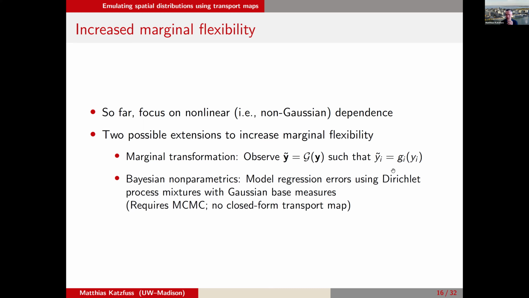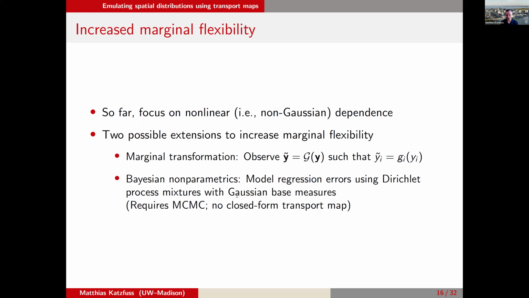Specifically, for these precip anomalies that I showed earlier, that we'll come back to later, we use a log transform to make them roughly Gaussian. But in the paper that I'll bring up later, we also developed a way to do Bayesian non-parametric inference on the regression error terms, and model those using Dirichlet process mixtures with Gaussian base measures.